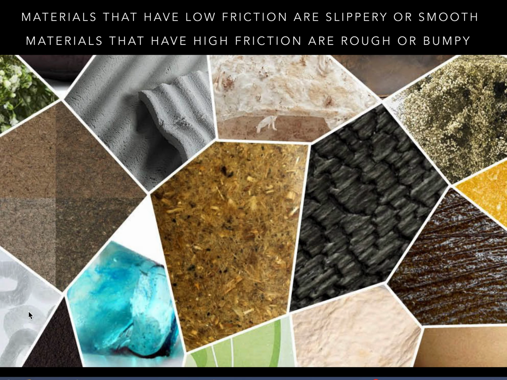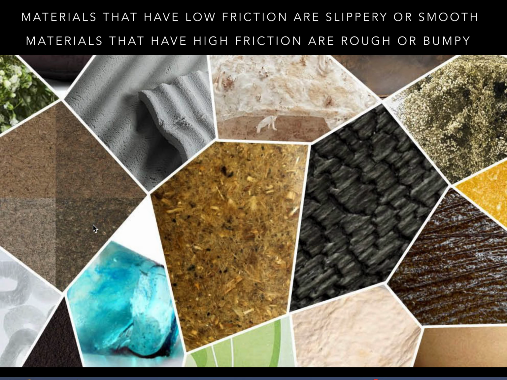So if we take a look at this picture and we think about all the different kinds of materials, we have wood and stone, maybe ice, glass, metal. Think about the different categories of materials we have. Think about the texture. Are they smooth or are they bumpy?